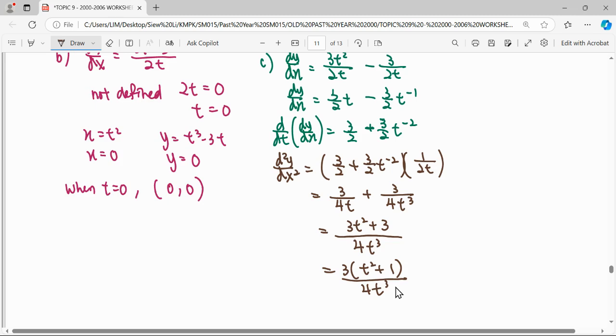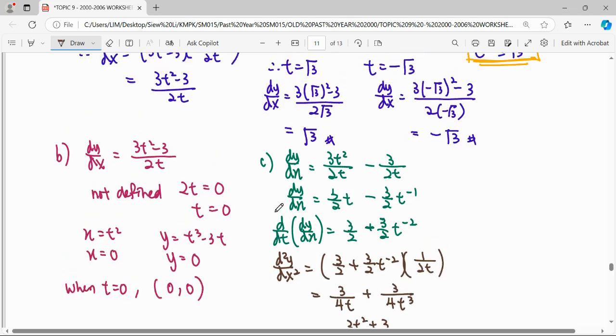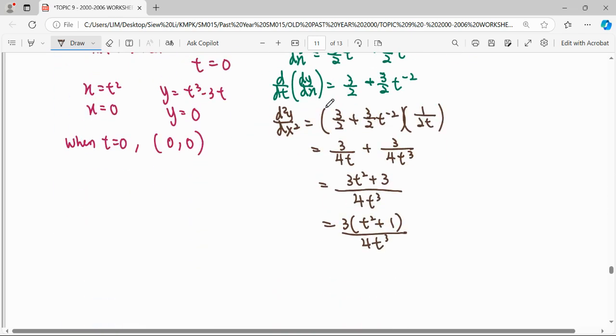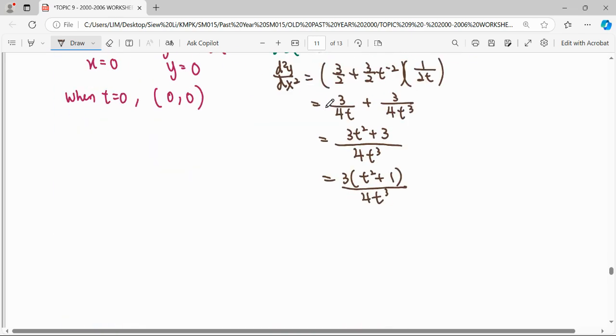So after we get this d2y/dx squared, we continue to look at the question. Determine the interval of t means you need to find the t such that d2y/dx squared is less than 0.